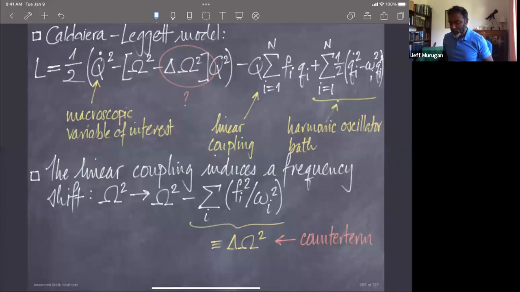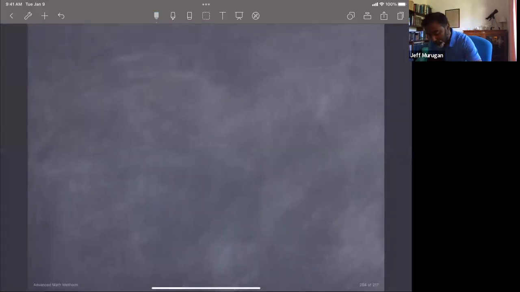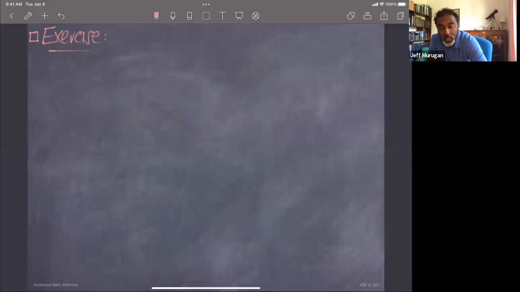Okay, so now let me give you an exercise. For this exercise, I want you to use the Euler-Lagrange equations to work out the equations of motion for this system.